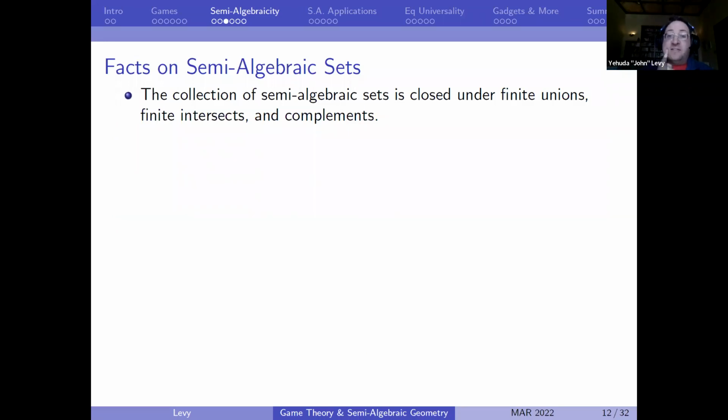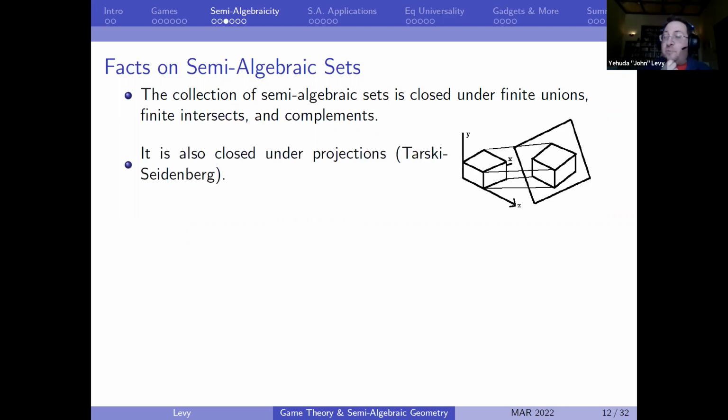So, basic facts. Clearly this collection of semi-algebraic sets forms an algebra, meaning it's closed under finite unions, finite intersections, and complements. That's immediate. A much deeper theorem with far-reaching consequences, and very non-trivial, is that it's closed under projections.